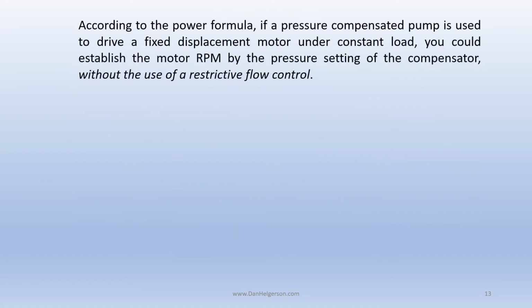According to the power formula, if a pressure-compensated pump is used to drive a fixed displacement motor under constant load, you could establish the motor RPM by the pressure setting of the compensator without the use of restrictive flow control.